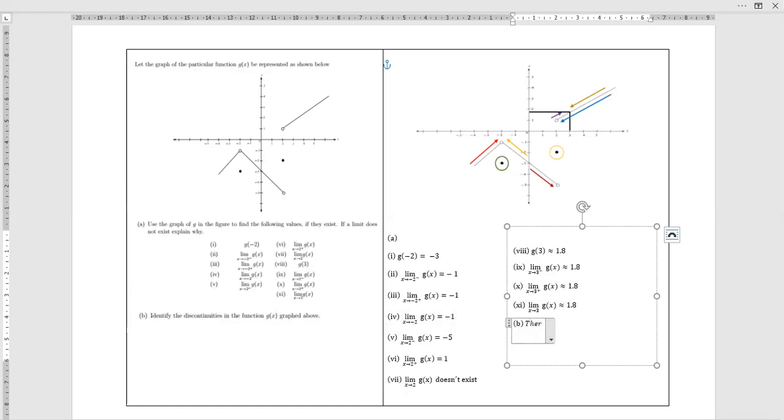So there is a removable discontinuity at x equals -2, and a jump discontinuity at x equals 2. There we are, we are done.